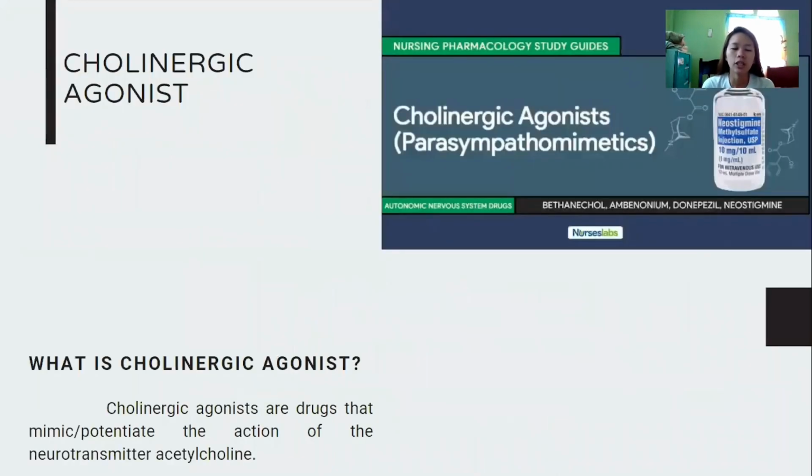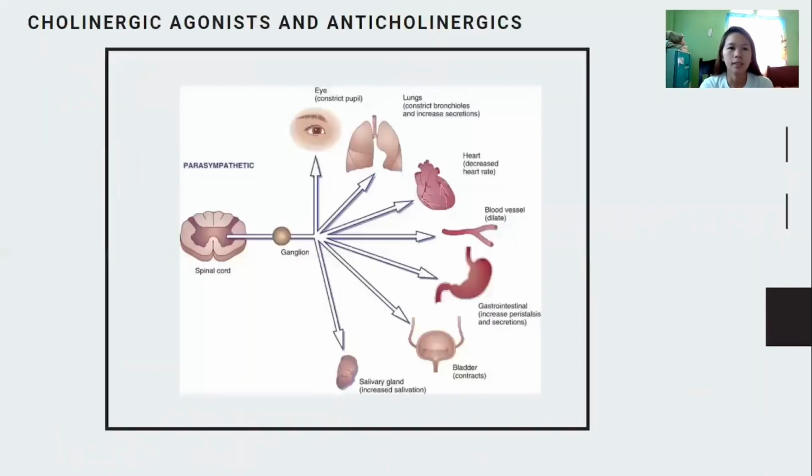So what is a cholinergic agonist? Cholinergic agonists are drugs that mimic or potentiate the action of the neurotransmitter acetylcholine. Here is the image of cholinergic agonists and anticholinergics.